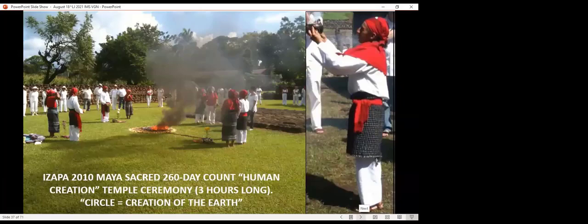Here is a historic event that is being repeated at Izapa, probably in 2010 with our Maya journey with the Quiche and Kachikel Indians performing this traditional temple calendar ceremony, probably for the first time in almost 1,000 years.